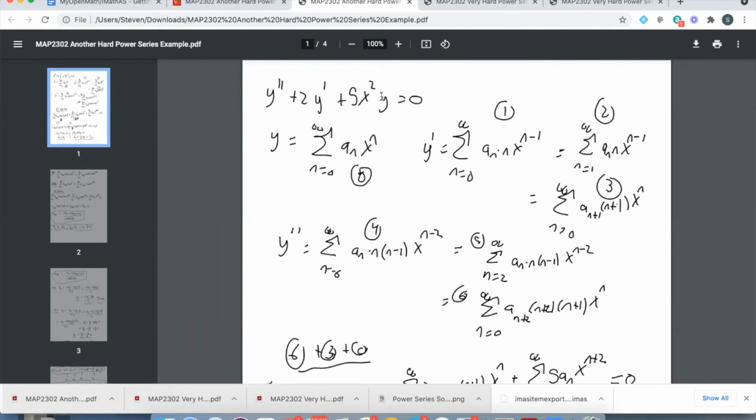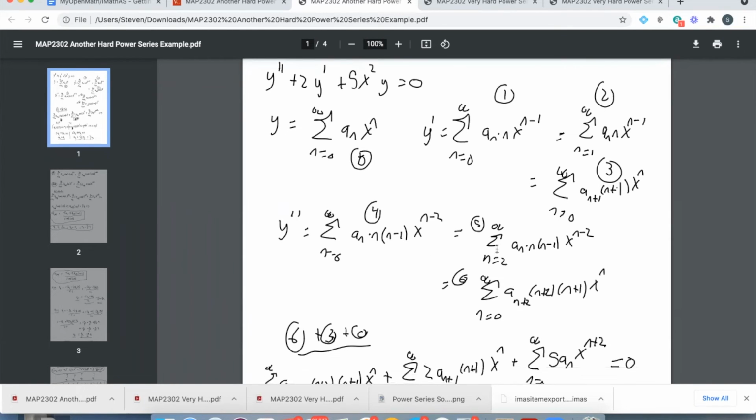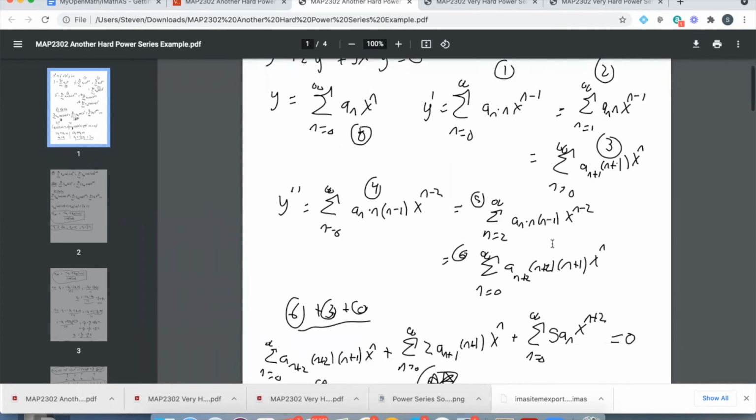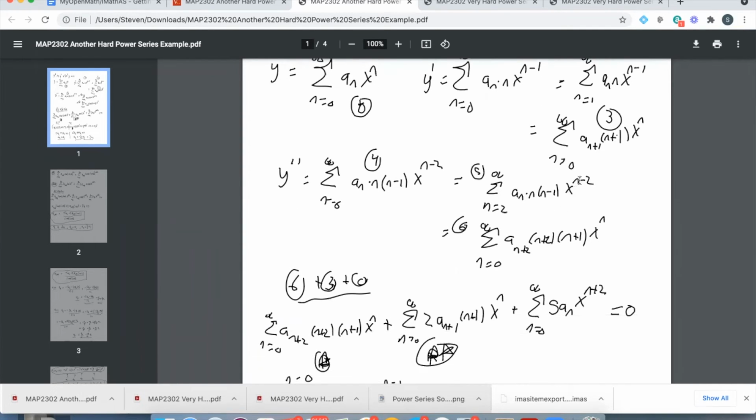Okay, here's my second derivative. Same thing we always get. And same game there. First two terms are 0, n equals 0 makes this 0, n equals 1 makes this 0. And then I can raise all these guys up by 2 to make that x to the n, drop this guy down by 2, and I start at 0.